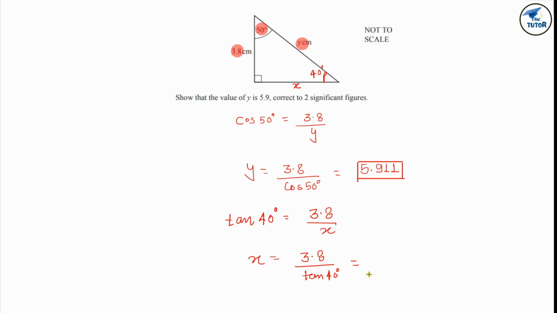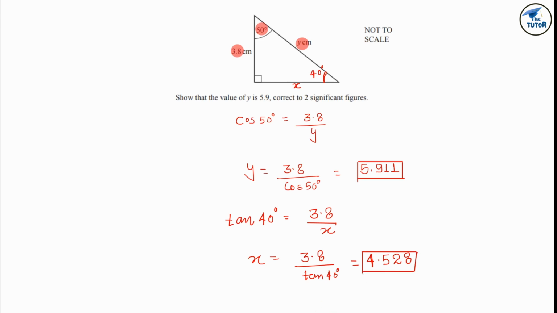No, that's wrong. Okay, I will try again. I'm getting tan 50 as 4.528. But tan is opposite over adjacent. That's what I have used. Tan 40 is equal to opposite over 3.8. I've used tan 50. It doesn't make a difference.